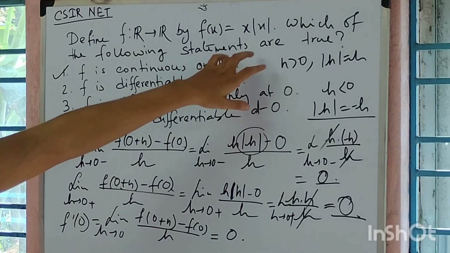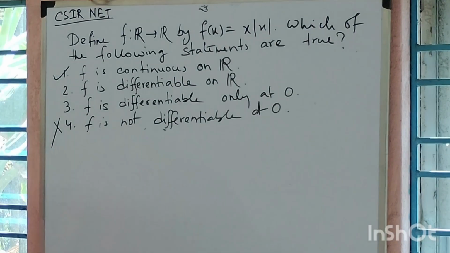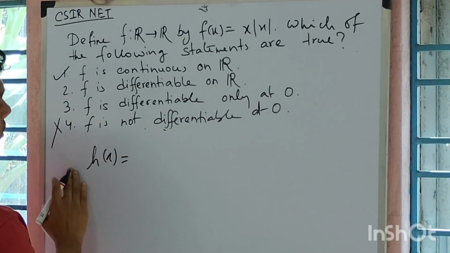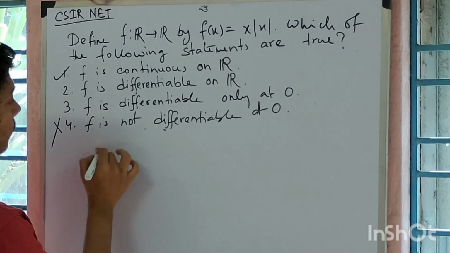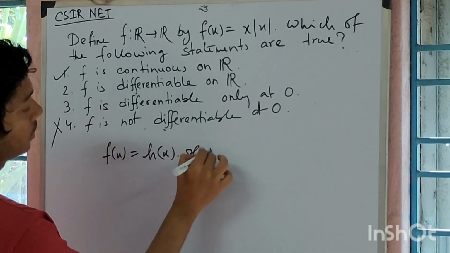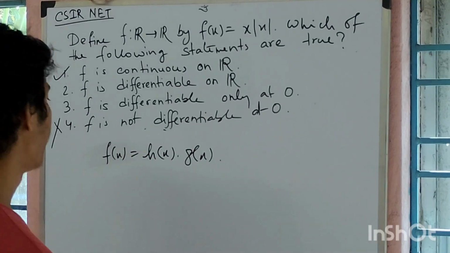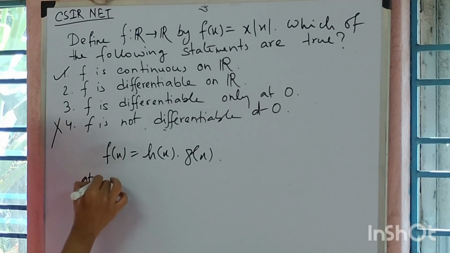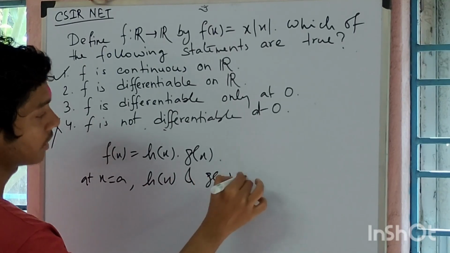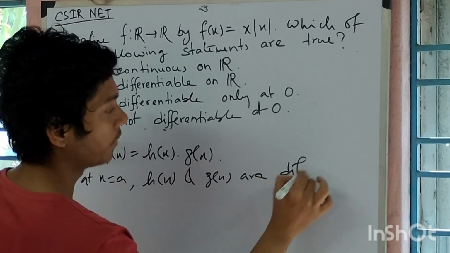Now look at this. Suppose my function f(x) = h(x) times g(x), and suppose at x = a, h(x) and g(x) are differentiable.